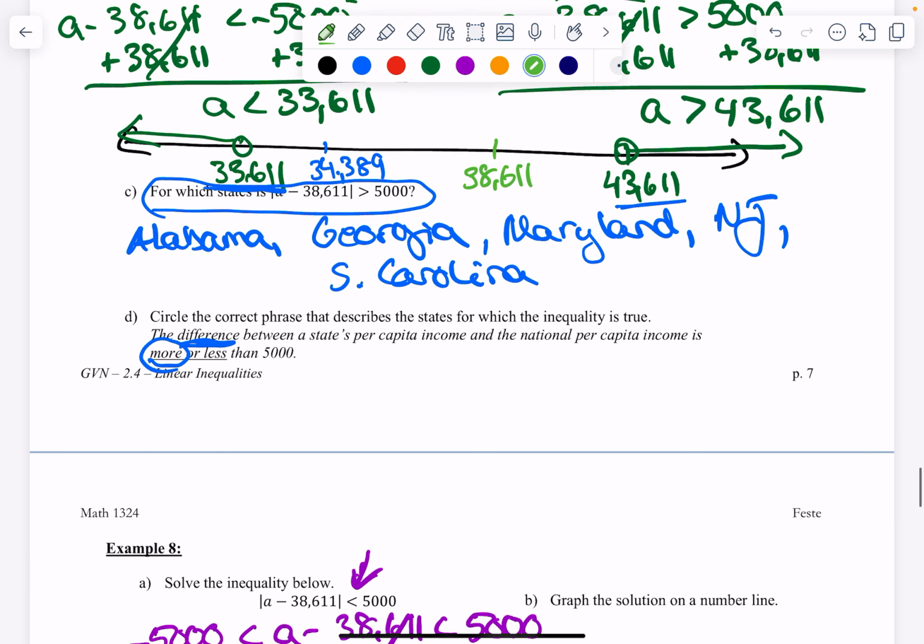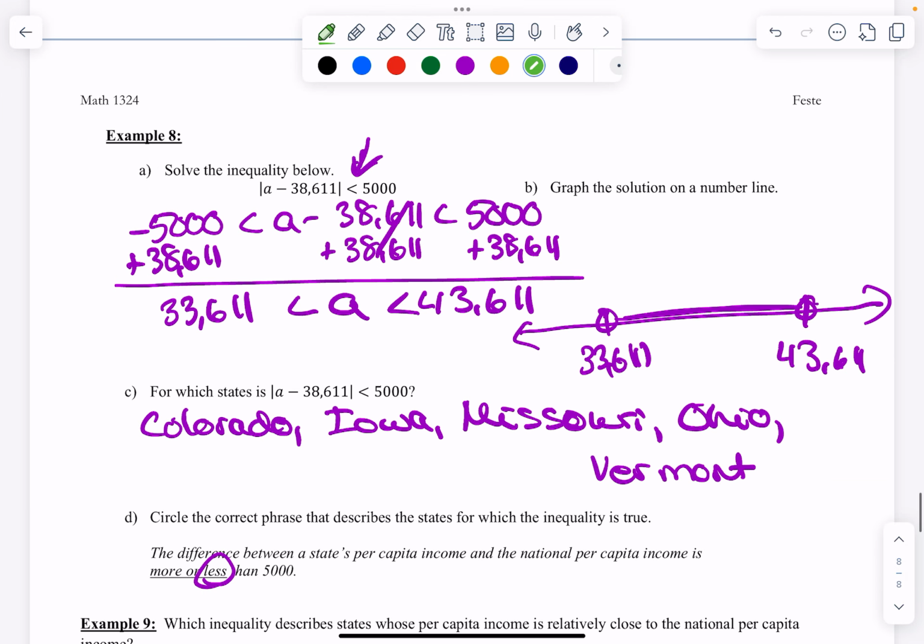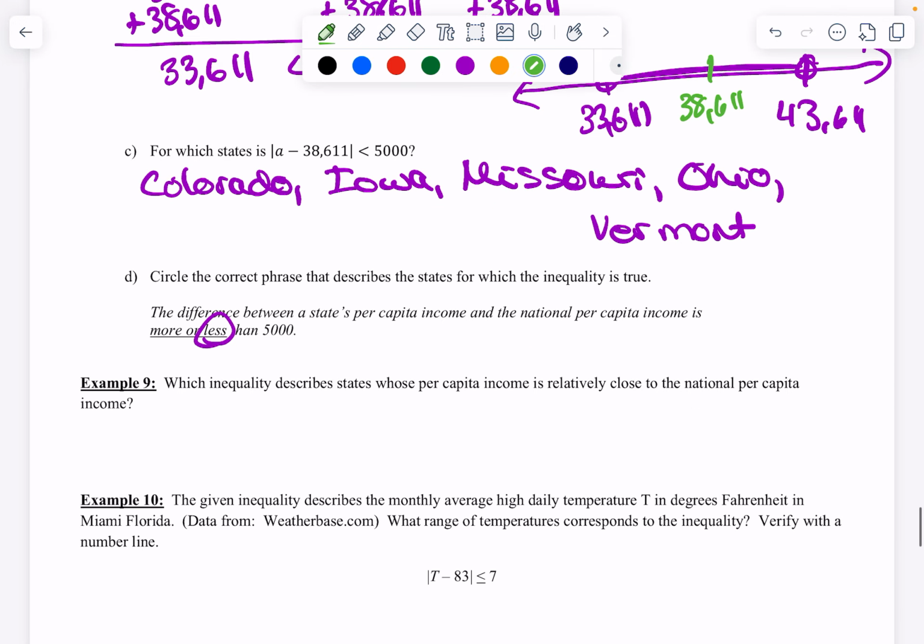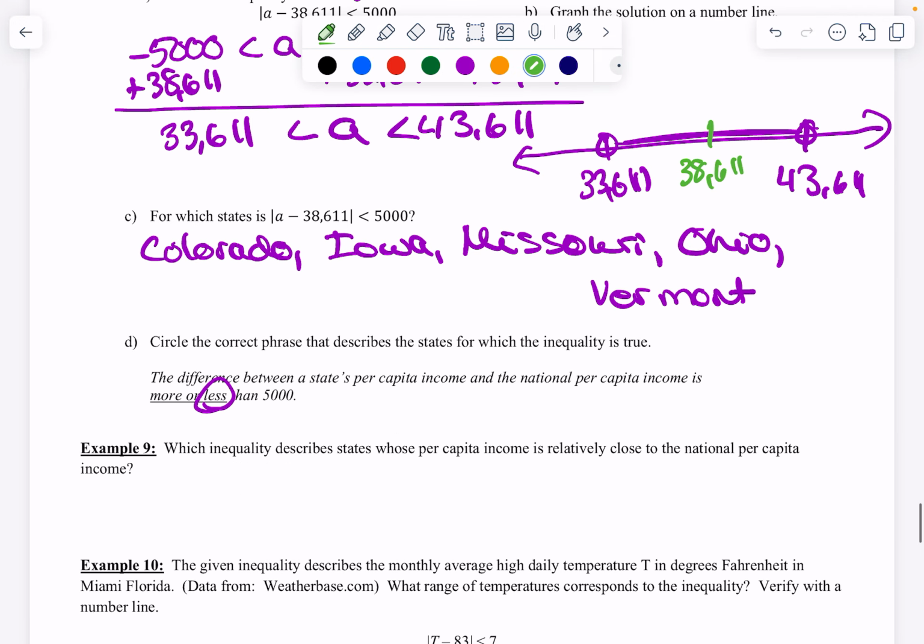It actually should be more in the middle. 38,611 is here. So if you look at this one, it is included in that inequality. So it would be this inequality that is less than 5,000.